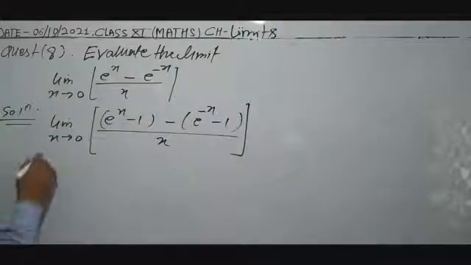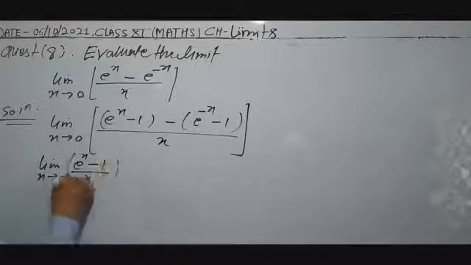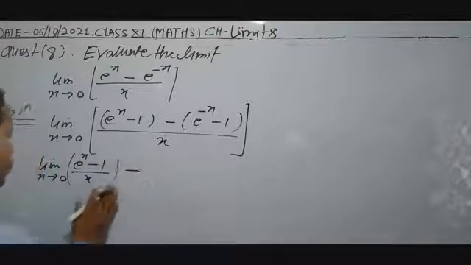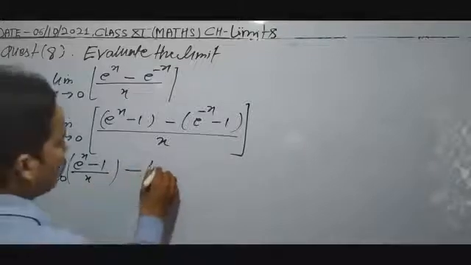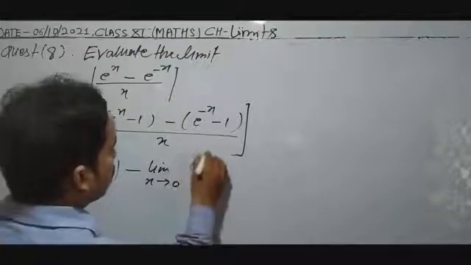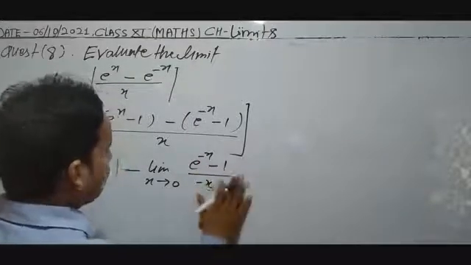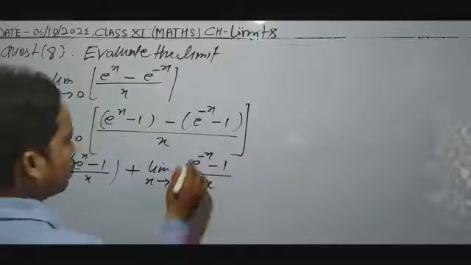Now this one we can write as limit x tends to 0 e to the power x minus 1 whole upon x with negative sign, limit x tends to 0 e to the power x minus 1 whole upon, suppose this is minus x, so this is plus.